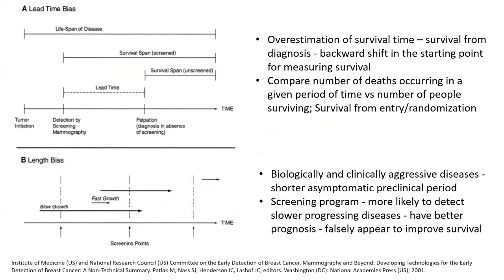This usually happens in studies where you are looking at the validity and predictive values for your screening tests. But this particular example is about when you're looking at the importance of the screening test, whether it should be taken up or not, and policy decisions are to be made.